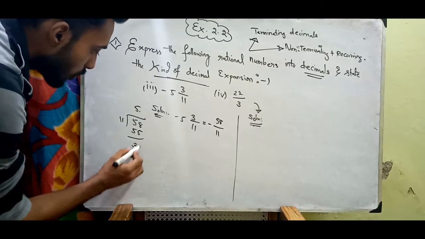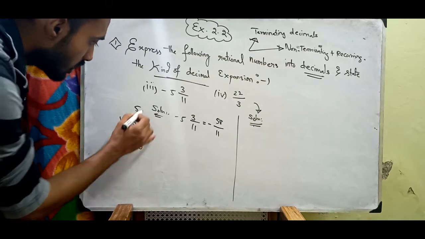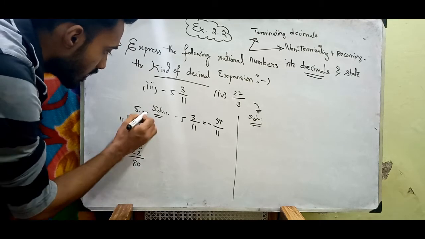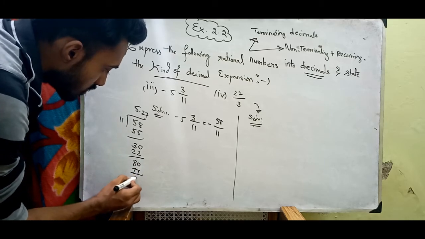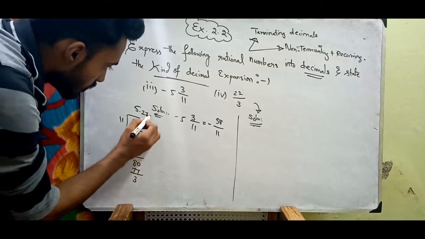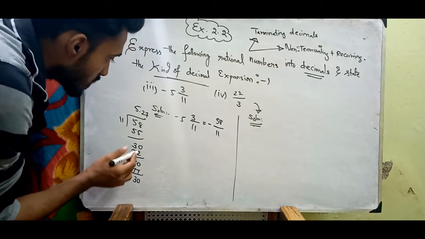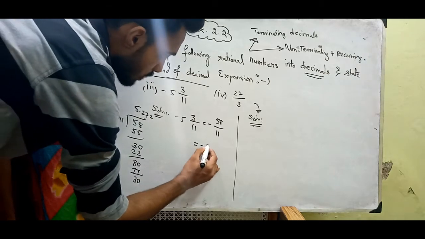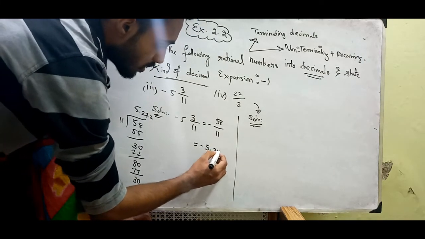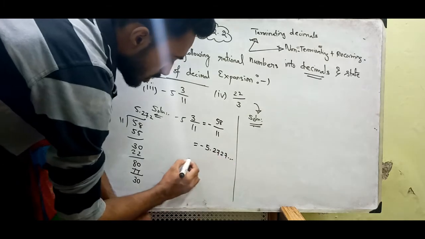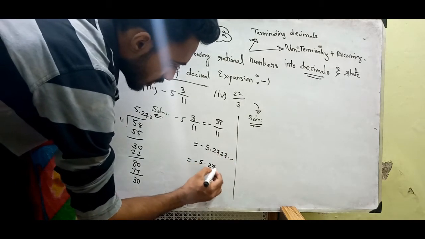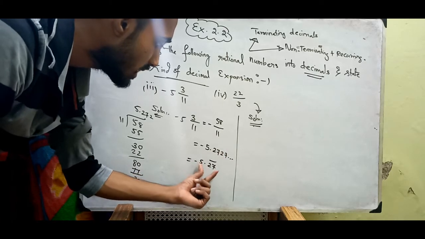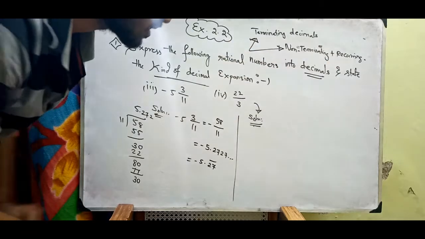If we keep the point here, it will be 30. Then 11 2 times 22, remainder is 8. Then we have 80. 11 7s are 77, remainder 3. Then again 30, that means we are going to do 2 times again. That means 27 is repeating here. So minus 5.2727 and so on. The period of decimal is 27, and it is non-terminating plus recurring, right?